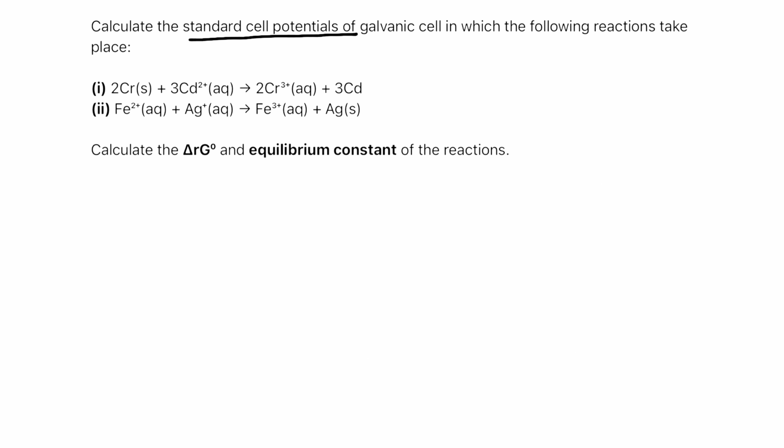Now we are supposed to repeat the same process for question number 2, right? First we have to find the standard cell potential, E0 cell. For that purpose, you must know the reduction potential of Fe3 plus to Fe2 plus. That you have to check your textbook table.